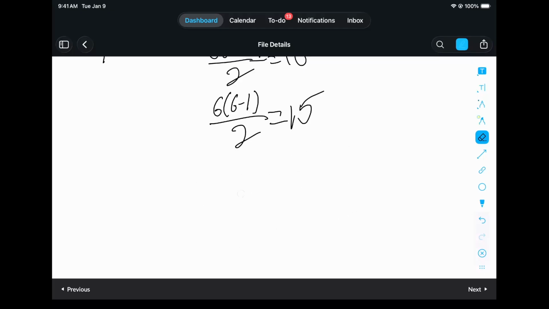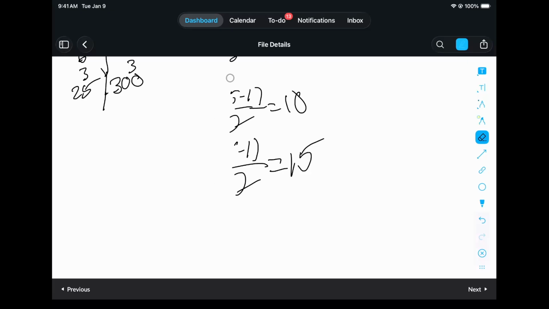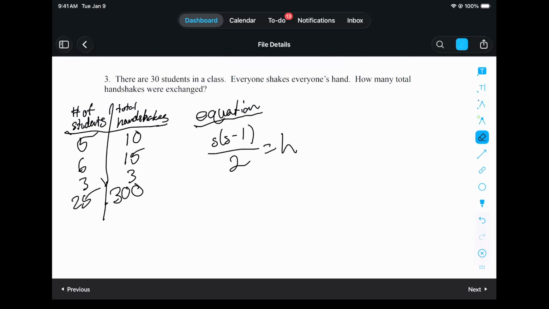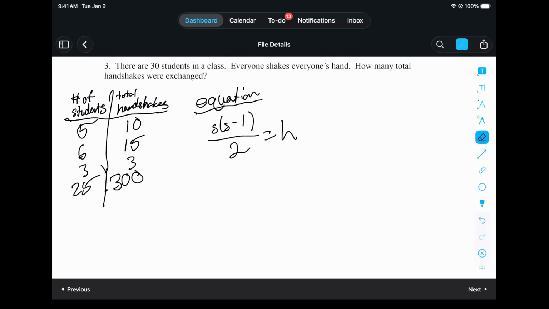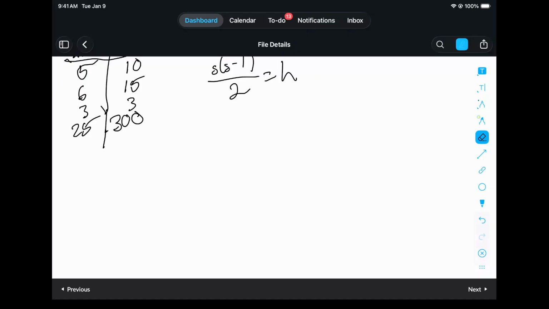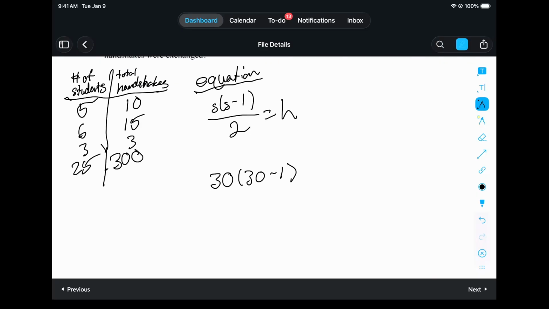So, knowing that said equation is true for this function, we need to figure out how many handshakes there are if there's 30 students. It would help if I wrote instead of erasing. 30 students times 30 minus 1, divided by 2.